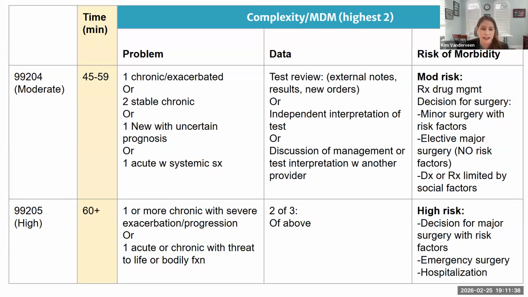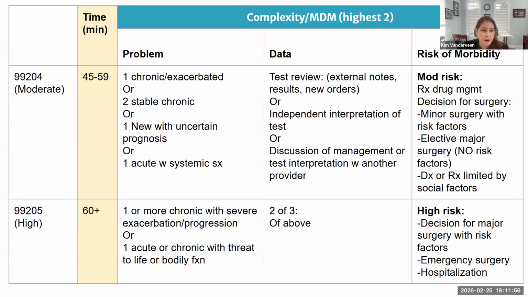But if you look at a grid like this, a very simplified view of the AMA grid that you can use, if you put these numbers together and take the highest two levels, in this particular case we're really deciding between a level 4 and a 5 visit.